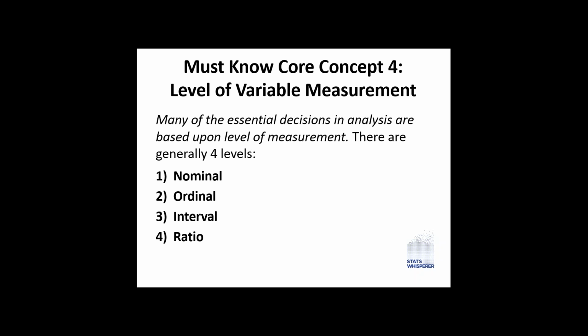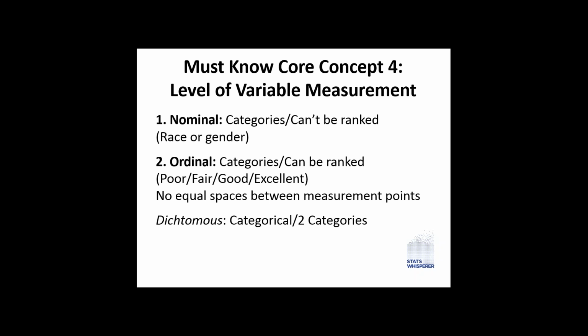All right, so we have 1 nominal, 2 ordinal, 3 interval, and 4 ratio. Like I said, a lot of the decisions in quantitative analysis, what tests to use and all, are based upon recognizing these levels of measurement. All right, 1, nominal. So it's categorical, putting people in categories, but categories that can't be ranked.